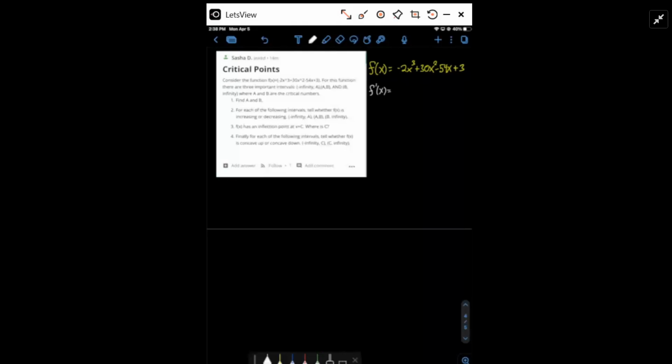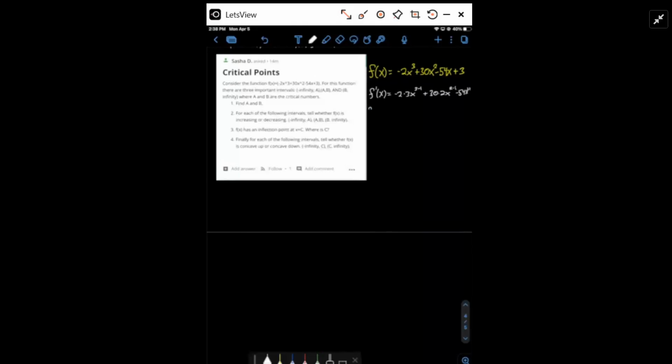So to differentiate this function, we say that negative 2 times 3 times x to the 3 minus 1 plus 30 times 2 times x to the 2 minus 1 minus 54 times x to the 1 minus 1, and then 3 is already times x to the 0th power, so that term just goes away.